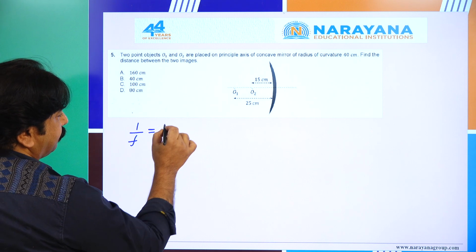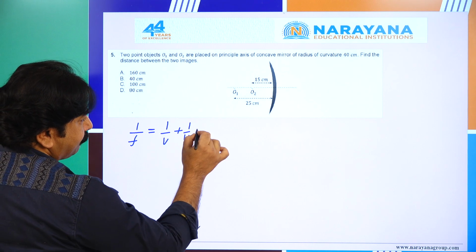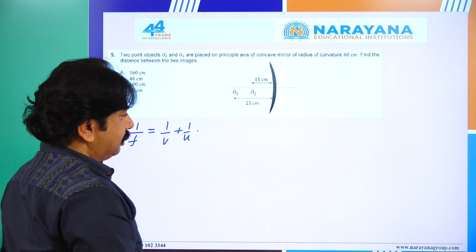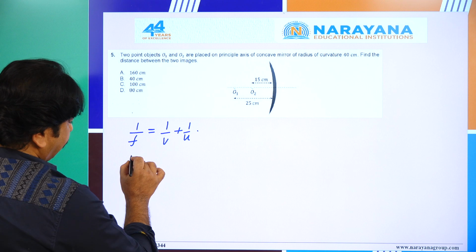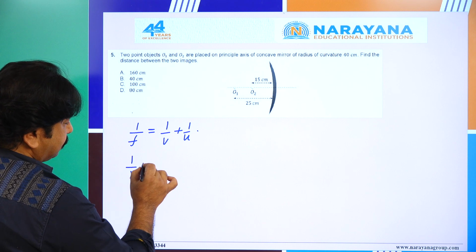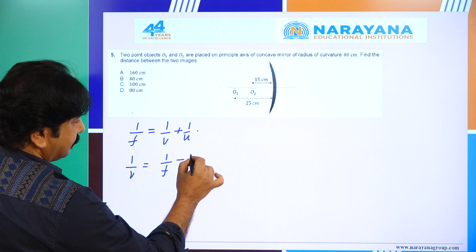1 by f is equal to 1 by v plus 1 by u. This is the formula. Now, you have to calculate the v values only. That's why I am substituting 1 by f minus 1 by u.